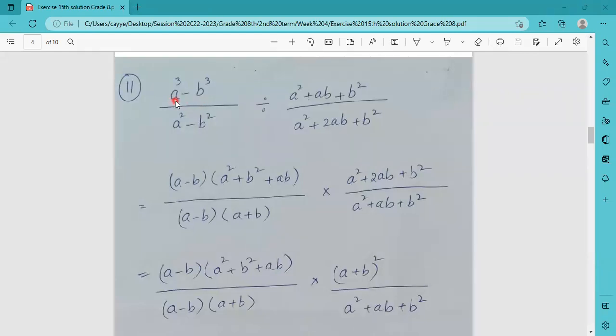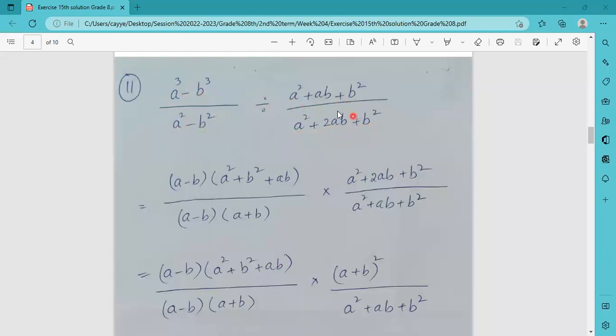Okay, in this question, first you have an algebraic fraction: a cube minus b cube is the first numerator. The denominator of the first fraction is a square minus b square, divided by a square plus ab plus b square, and then the second denominator is a square plus 2ab plus b square.